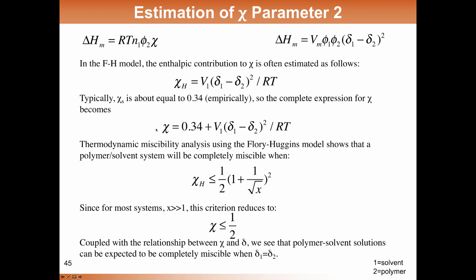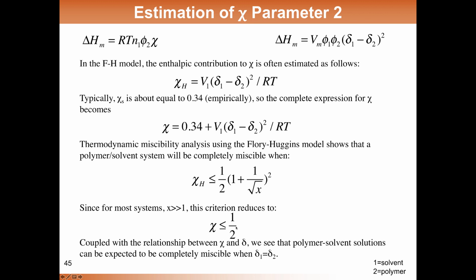Just some key values. Thermodynamic miscibility studies show that for polymer solvent systems to be completely miscible, chi has to be less than the value that's shown here. And so for high molecular weight polymer, it's essentially that the chi value has to be less than a half.